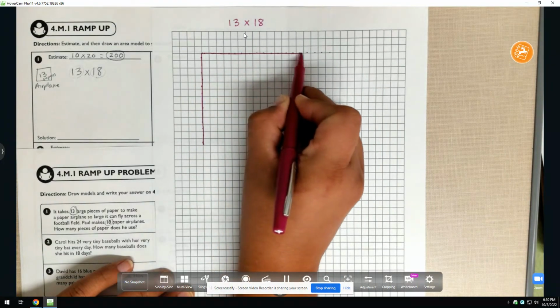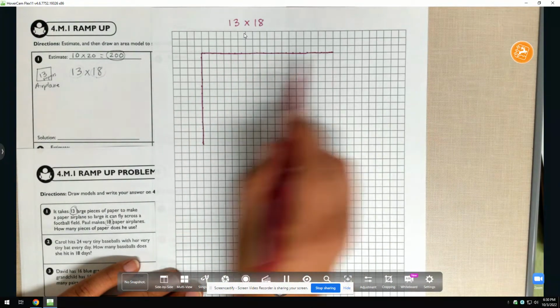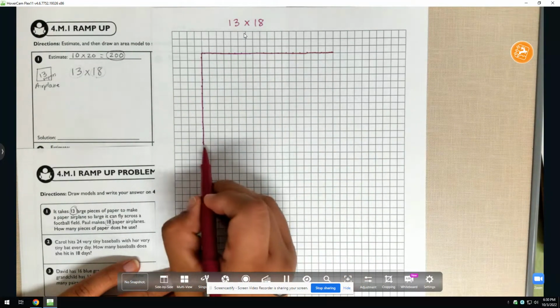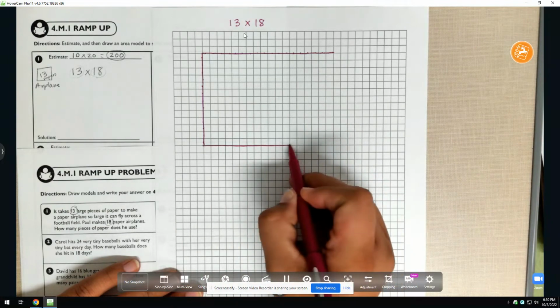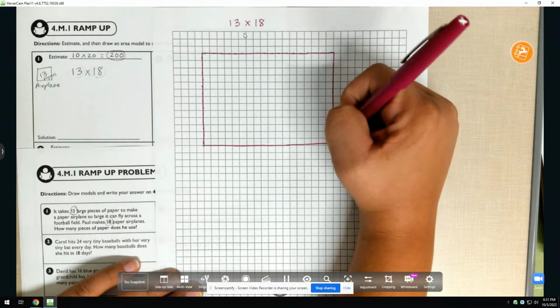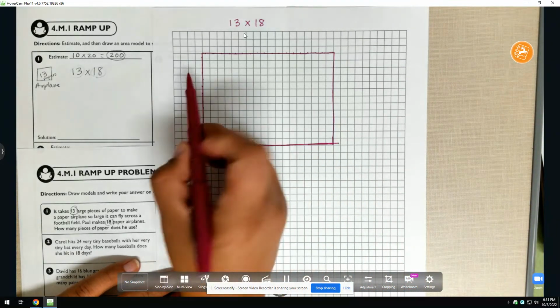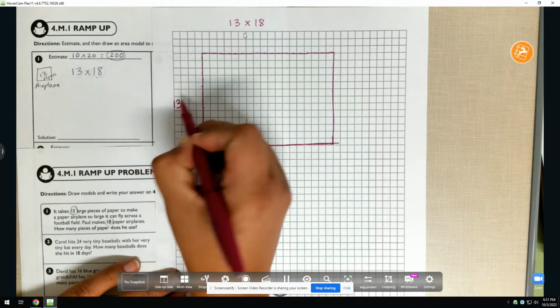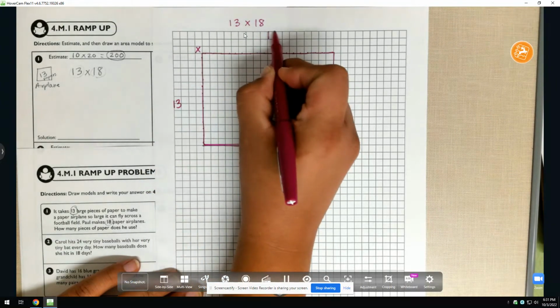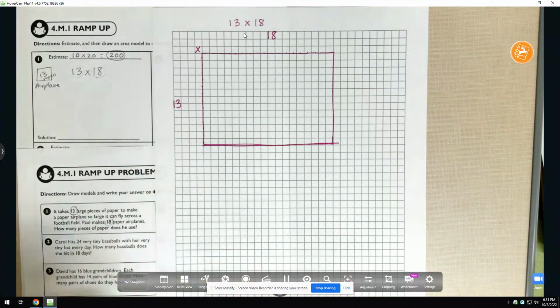Let me connect those. All right, so now I have 18 in each row. I have 13 rows. Let me connect my area and close out my area. There we go. All right, so now I have a 13 by 18 area. 13 rows, 18 in each row.